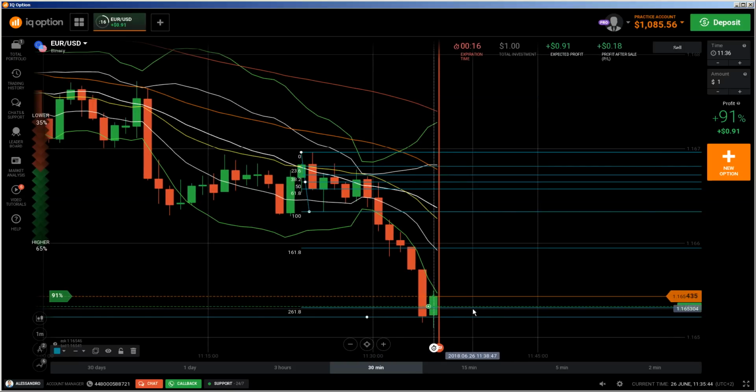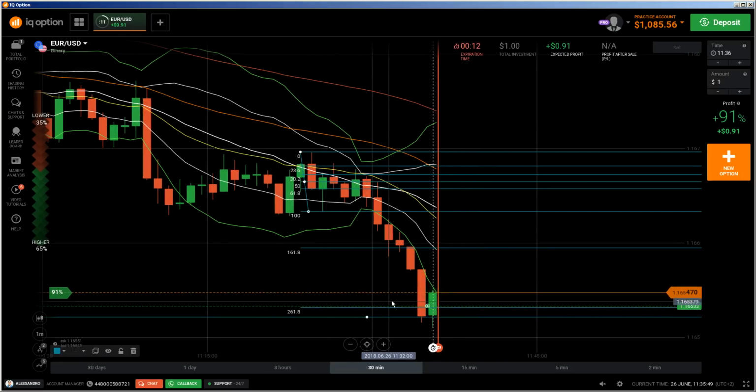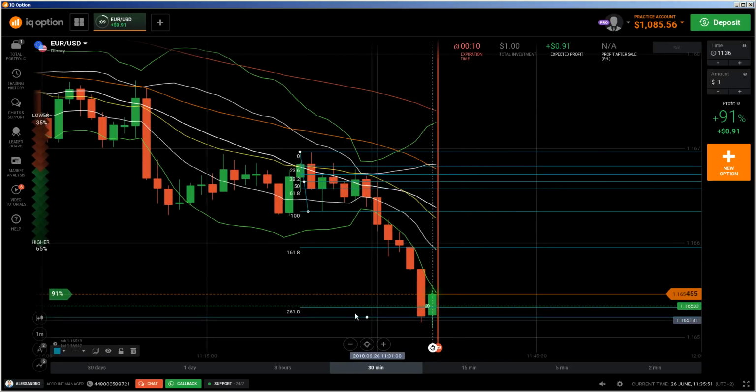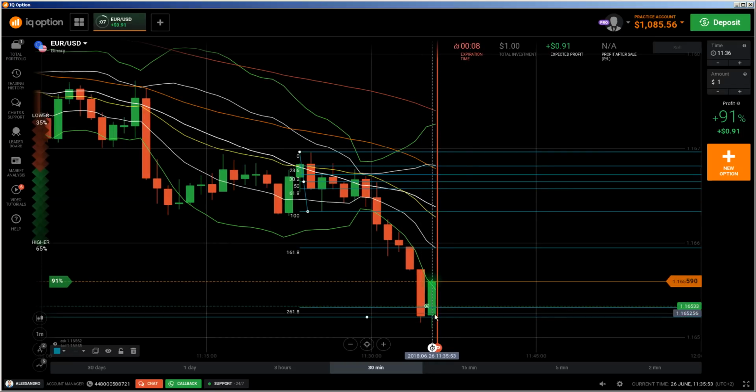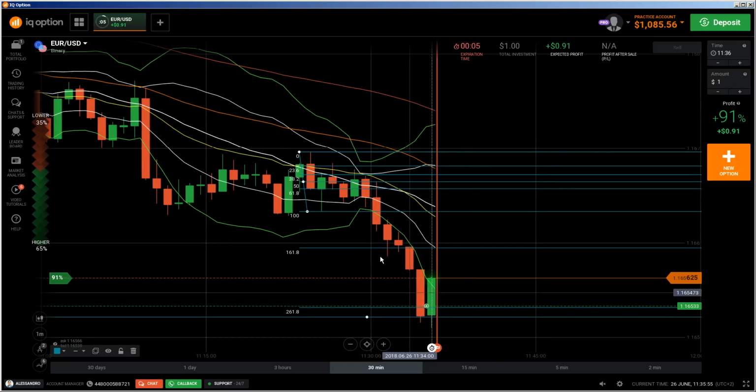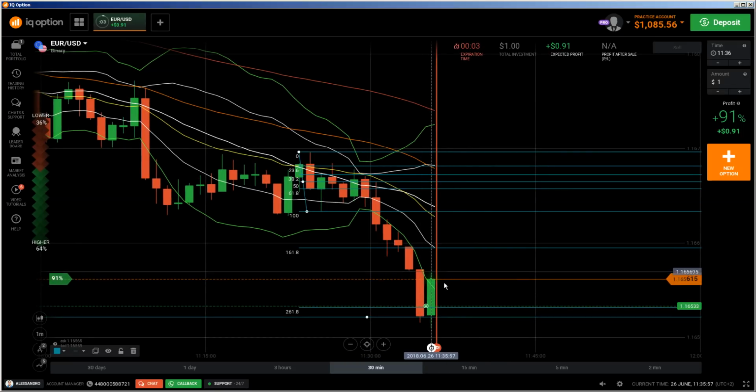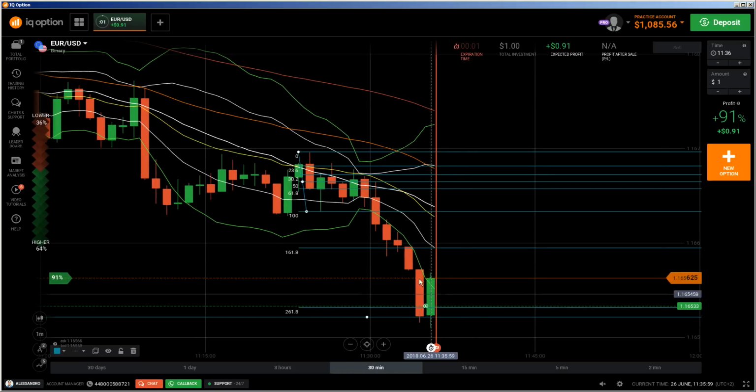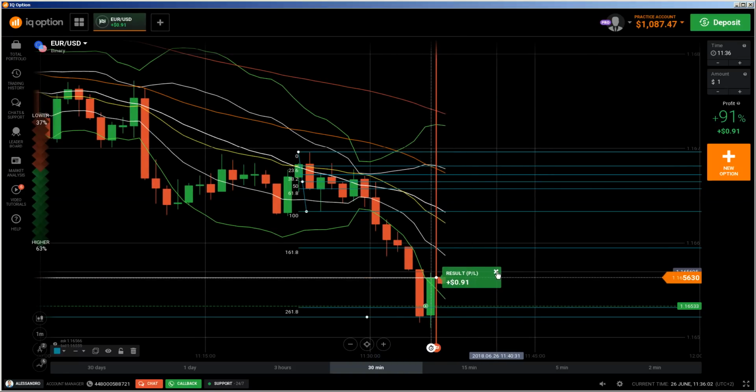And I told you in the video about the Fibonacci level that such reversals at this level mostly hold more than only one candle. Yes, okay, in this case it will maybe not be only one candle because it's a huge candle. It's already got above this level.